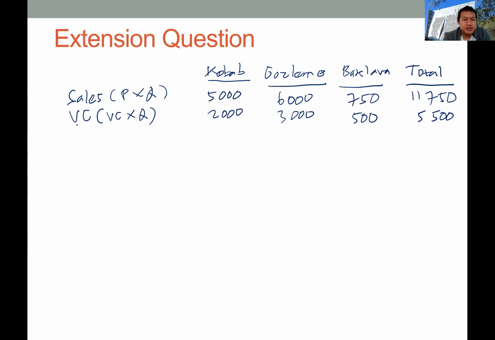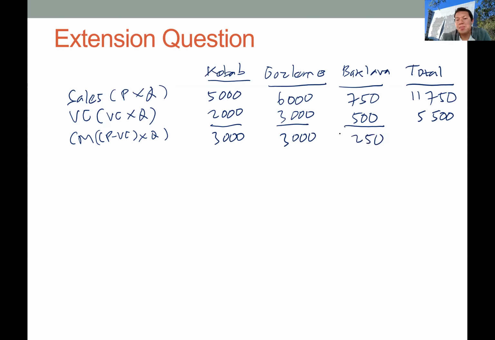So sales minus variable cost, we will get the contribution margin. Okay, contribution margin is basically the price minus variable cost times the quantity. So this is 3,000, also 3,000 and 250. In total, we get 6,250.